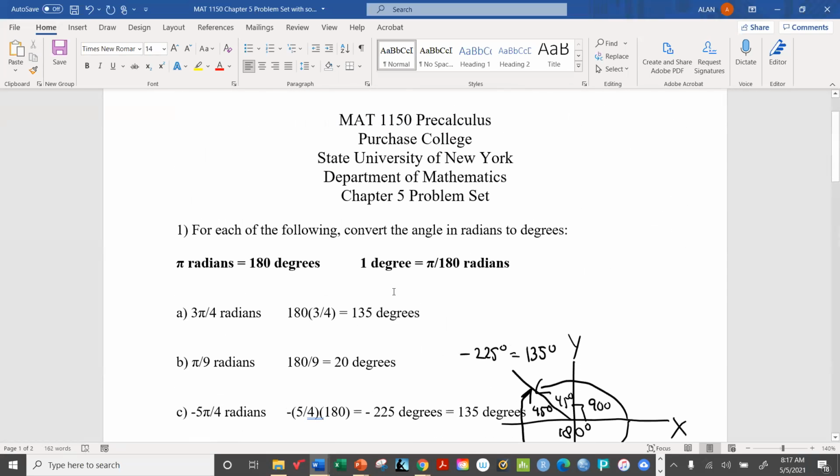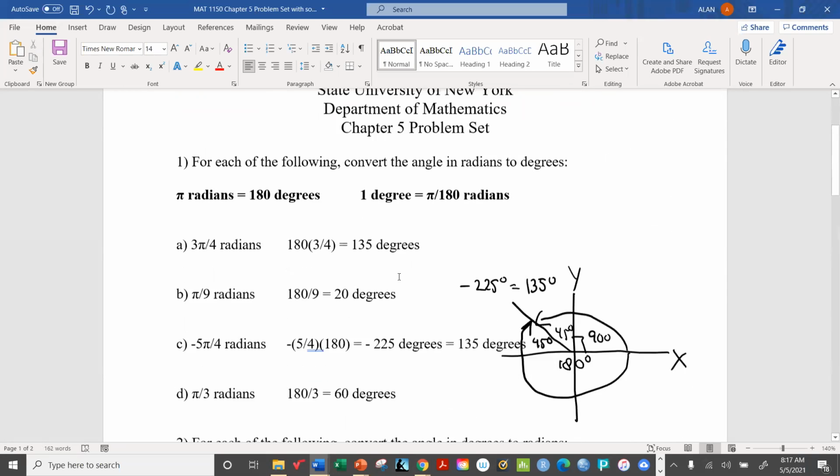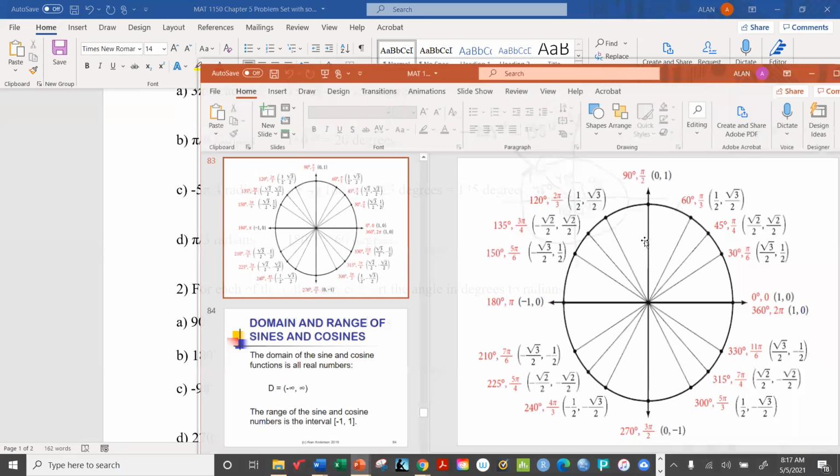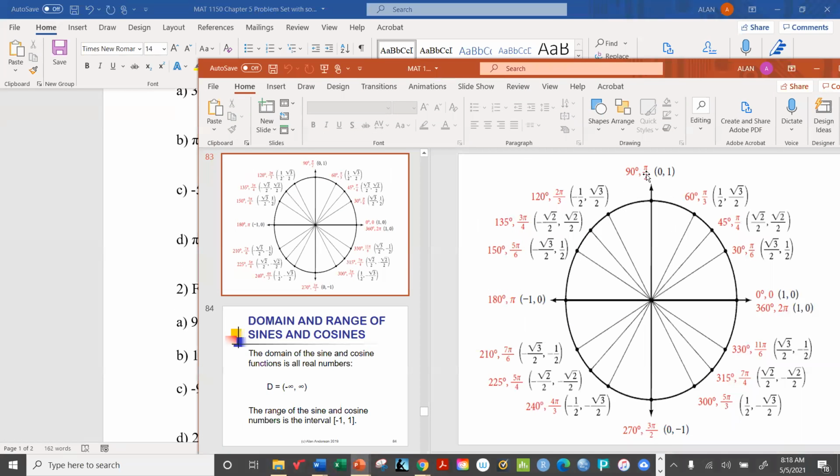Again, this is the reason. If pi radians equals 180 degrees, 1 degree must be pi over 180 radians. So I take any angle that I have and multiply it by pi over 180, and I'll end up with the correct value. And again, we can double check this with our unit circle. 90 degrees and pi over 2 right here on the top are the same.